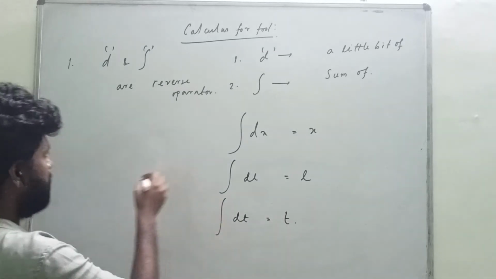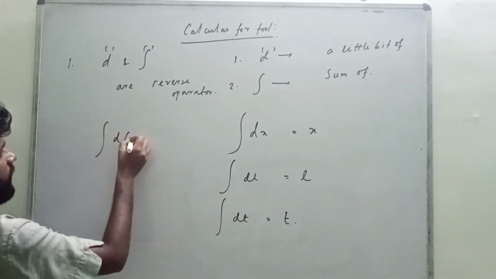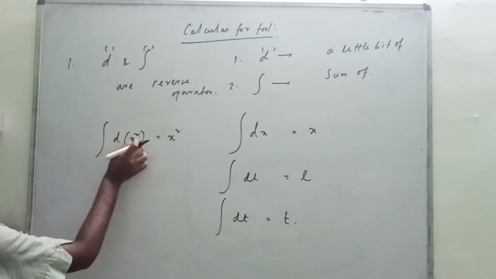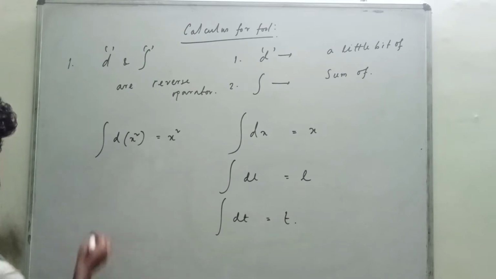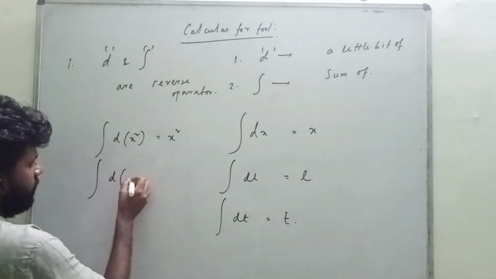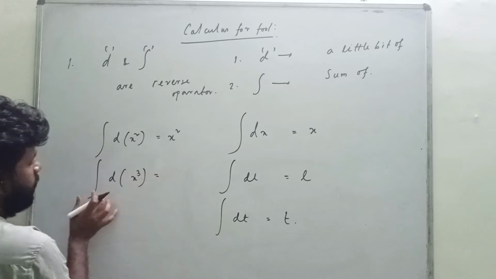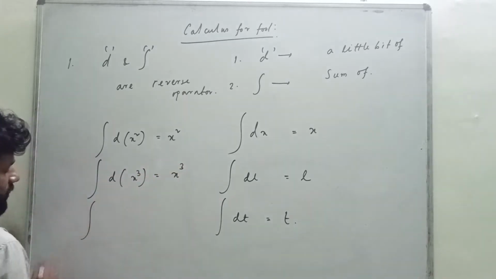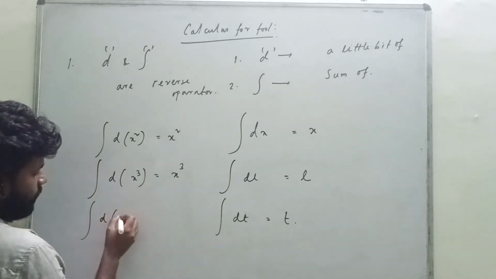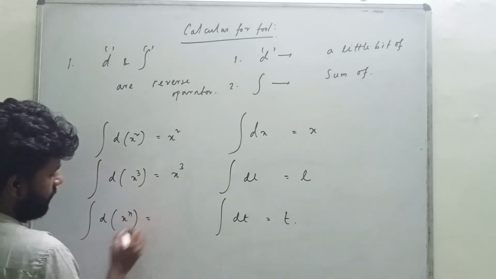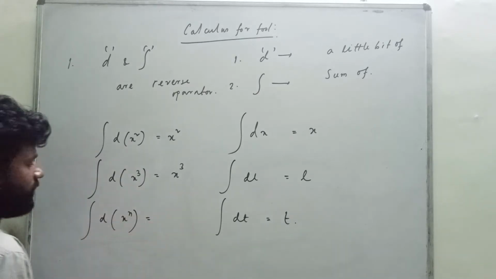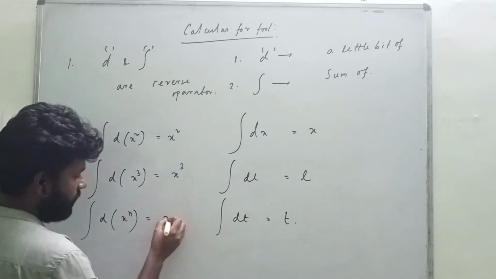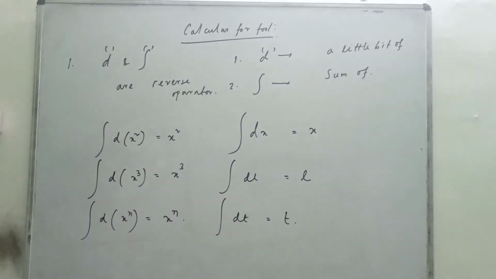If it is dx squared, the sum of little bits of x squared gives x squared. If it is dx cubed, we get x cubed. If it is dx to the power n, and you add these one by one, obviously you get the full x to the power n.